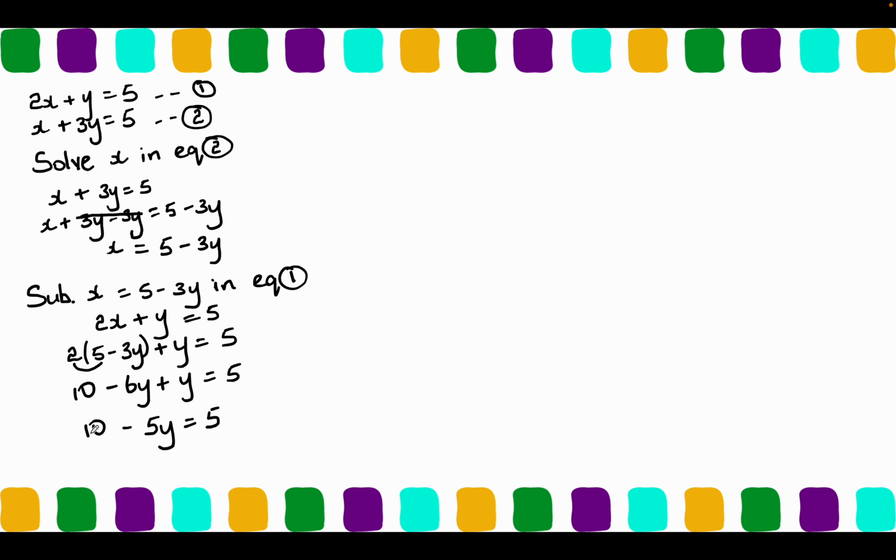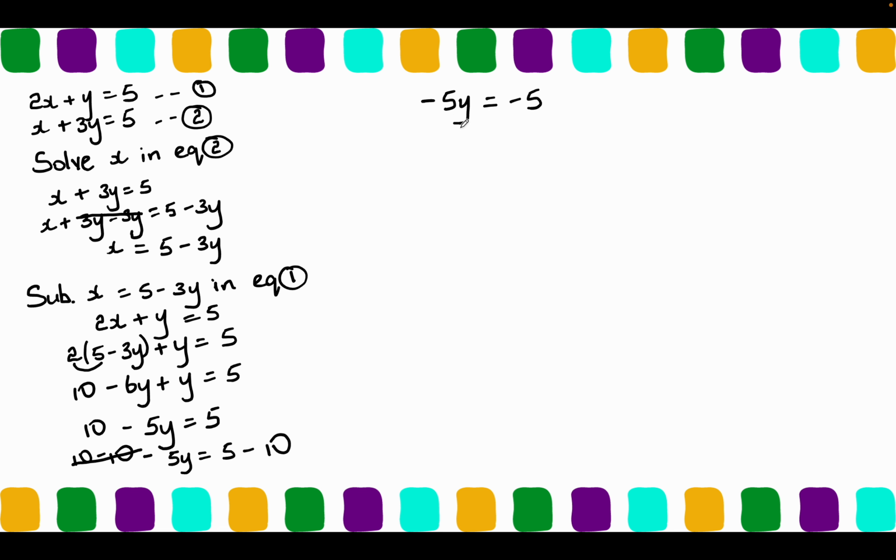Being that the 10 here is positive, I'm going to subtract 10 on both sides. Alright, so this will be gone. So I'm bringing it up here. I would now have minus 5y is equal to, now 10 from 5 would also give me minus 5.